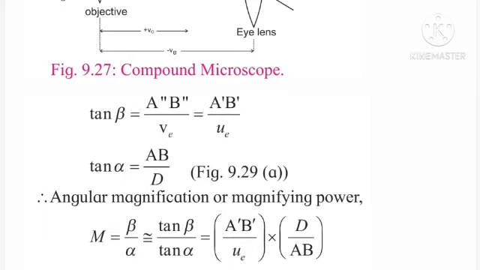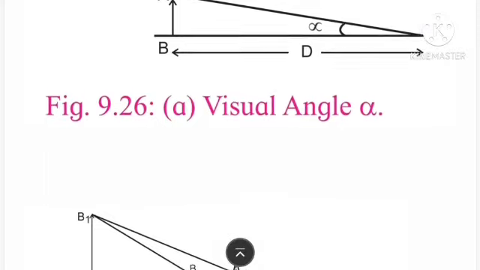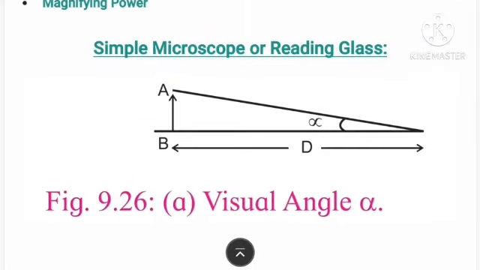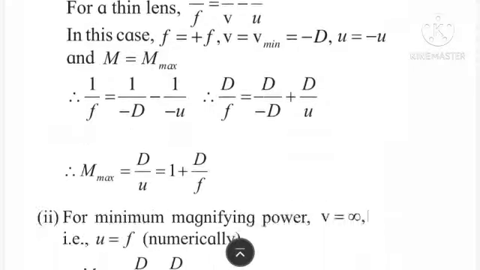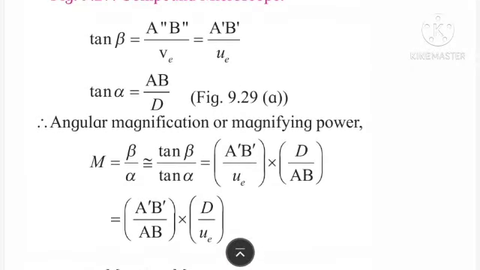And the value of tan alpha would be AB upon D, which we have already seen in the previous diagram of the simple microscope for visual angle alpha. Here tan alpha is equal to opposite side AB upon adjacent side D. That's why tan alpha is AB upon D.